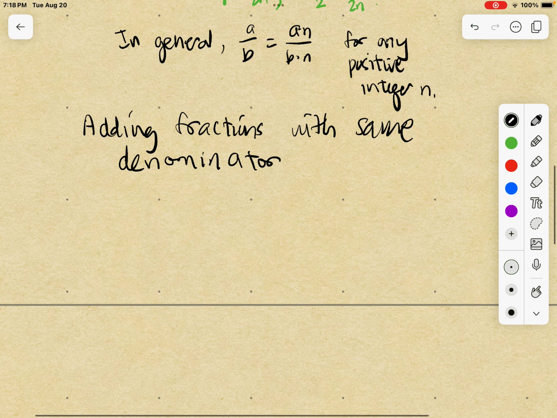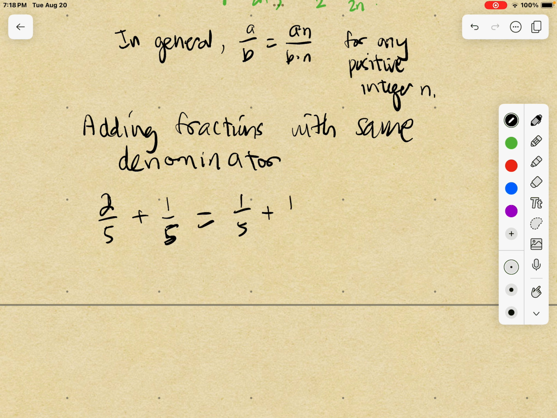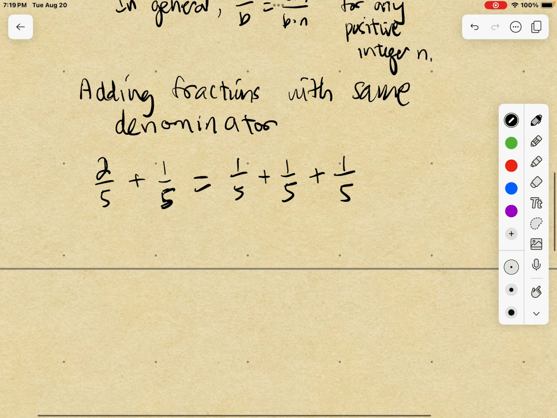If I have two fractions with the same denominator, let's say 2/5 plus 1/5, I can think of 2/5 as 1/5 plus 1/5. That's 2/5. And now I'm adding 1/5. If I have 1/5 plus 1/5 plus 1/5, how many fifths do I have? I have 3. This is equal to 3/5.